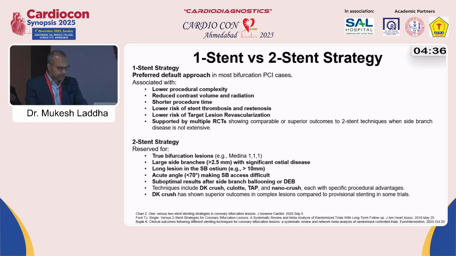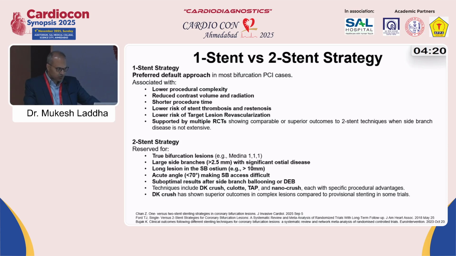This has been explained: mostly we prefer a one stent strategy because of lower procedural complexity, reduced contrast volume, shorter procedure time, and lower risk of stent thrombosis, as well as lower TLR. This is supported in many RCTs.